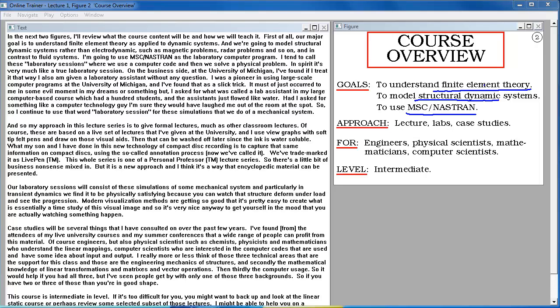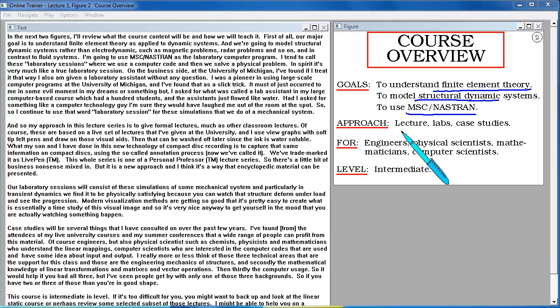Had I asked for something like a computer technology guy, I'm sure they would have laughed me out of the room on the spot. So I continue to use that word laboratory session for these simulations that we do of a mechanical system.